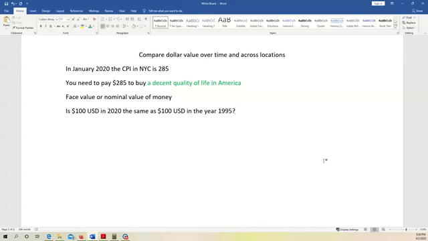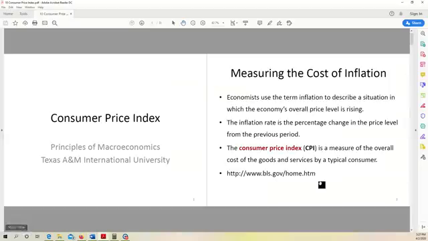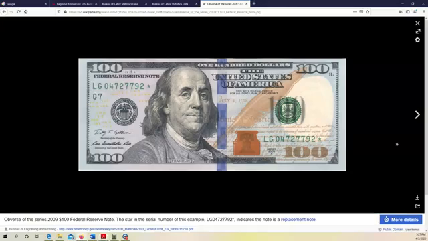Even if you don't know anything about economics, just by using common sense, I think everybody should know it's different. The same $100 bill today, in this year 2020, is totally different from the $100 bill in the year 1995. What's the difference? The number is the same, 100. But what has changed?